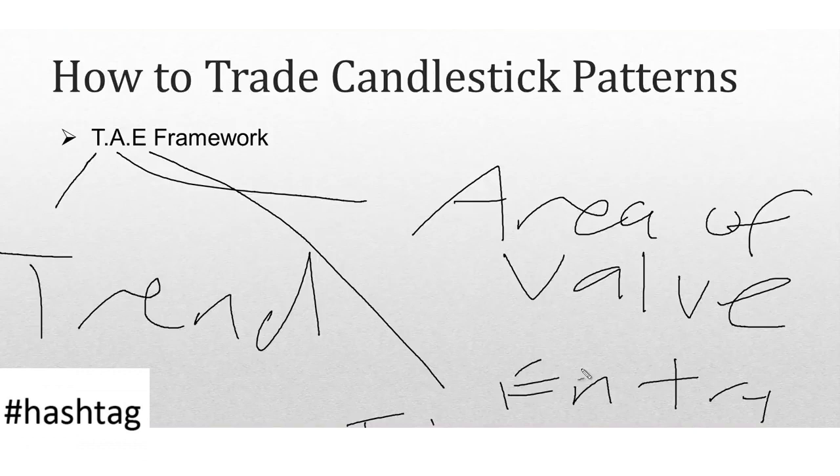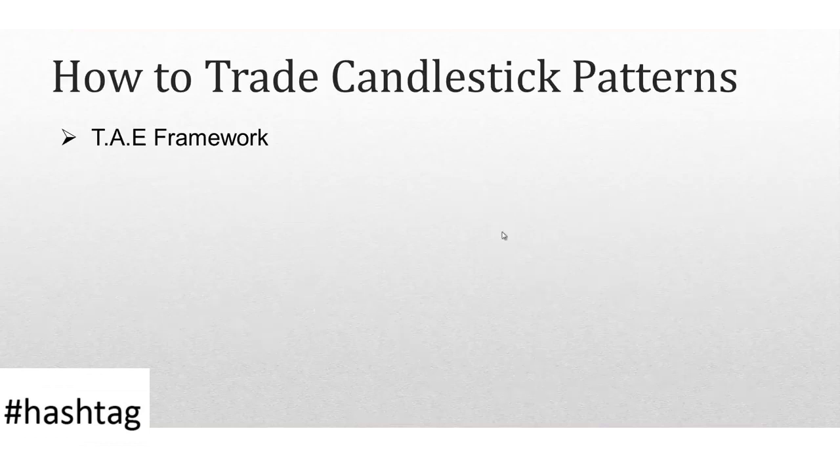Okay, so when you want to trade candlestick patterns, remember these three things: the trend, the area of value, and the entry trigger. So now, before I can dive into this framework and this methodology, I need to explain to you what is entry trigger.